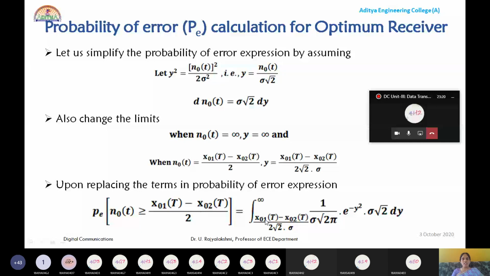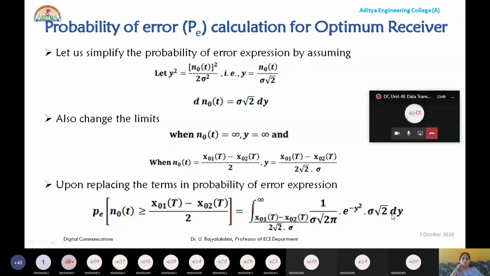Then it is the integral with lower limit y equal to x naught 1 of t minus x naught 2 of t divided by 2 root 2 sigma, and upper limit infinity. You will get 1 by sigma root 2 pi into e power minus y square into sigma root 2 dy, because we replaced dn naught of t as sigma root 2 dy.